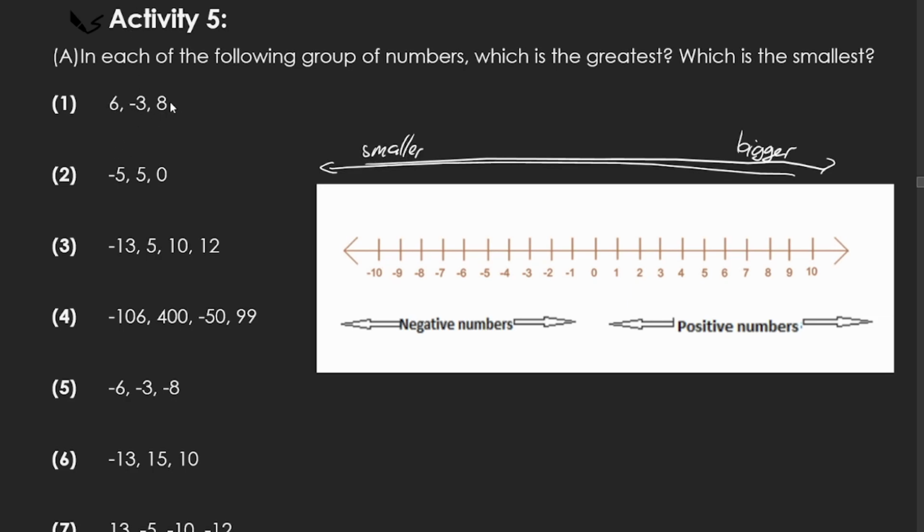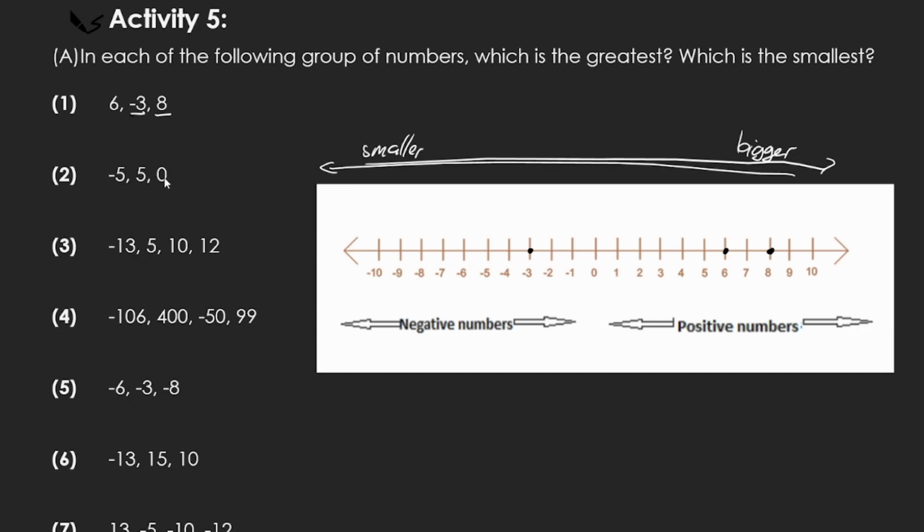If we take this group of numbers and plot them on the number line, we have 6 right here, negative 3 right here, and 8 right over here. We can already see which one is the smallest, which is negative 3, and the greatest, which is positive 8.